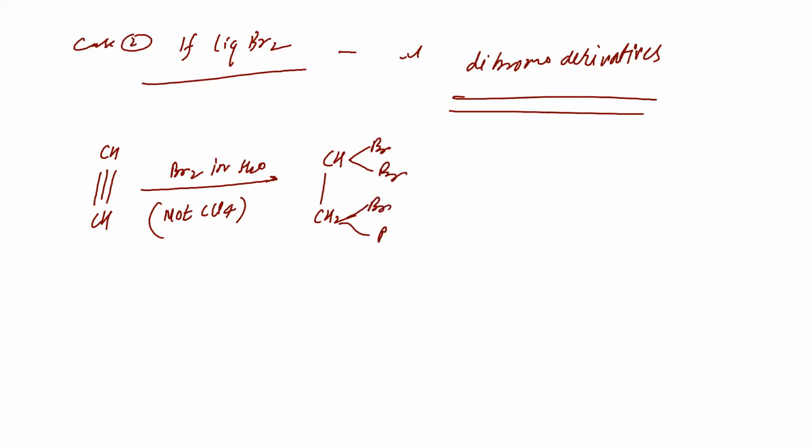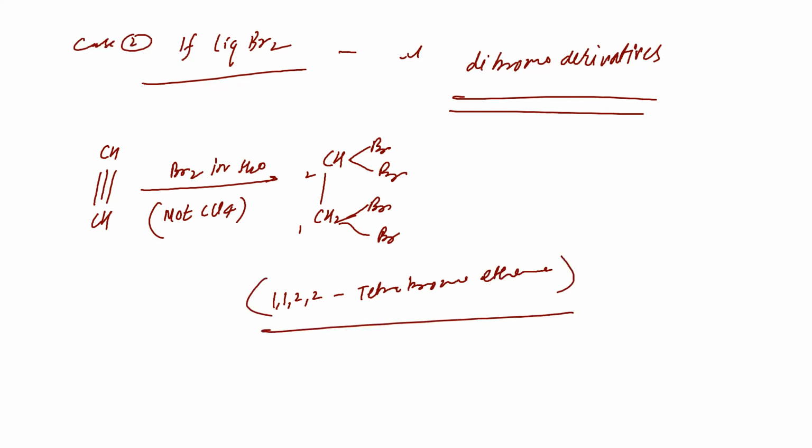Here is 1 and 2, so it will be 1,1,2,2-tetrabromo. This is the condition if you are adding the halogen, right?